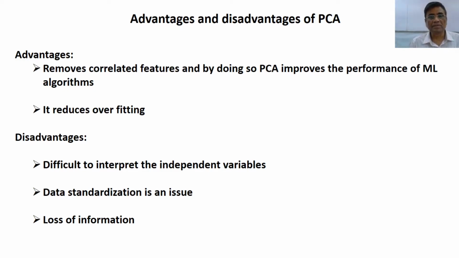For example, if 1000 eigenvalues are there, and I decide that I will take only the top 100 eigenvalues and eigenvectors, and I will neglect the others.